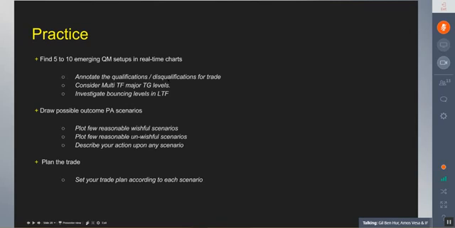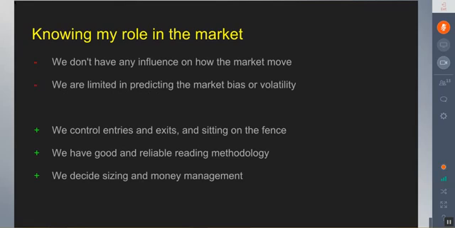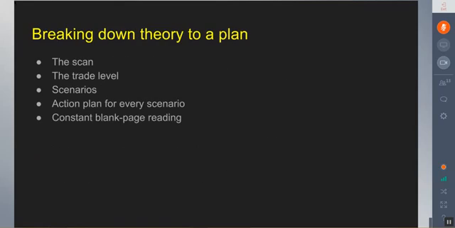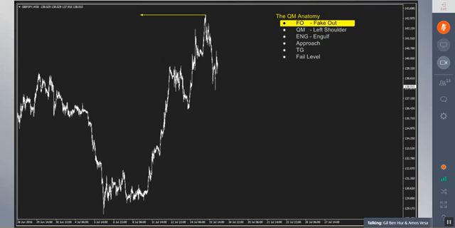Just a question, if you don't mind. Can you put up your first chart from this presentation? The first chart. This one? Exactly, this one.